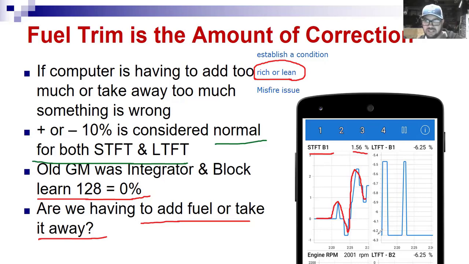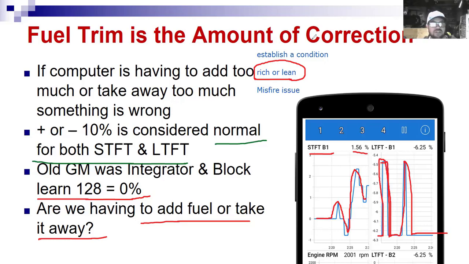We can see the long term went from 0, he went up to 6.25 negative. So he was taking that much fuel away. Then he goes up to -5, then he goes down to -6. So on average, he's taking fuel away. But again, it's not more than 10%, so I'm not really concerned too much about that.